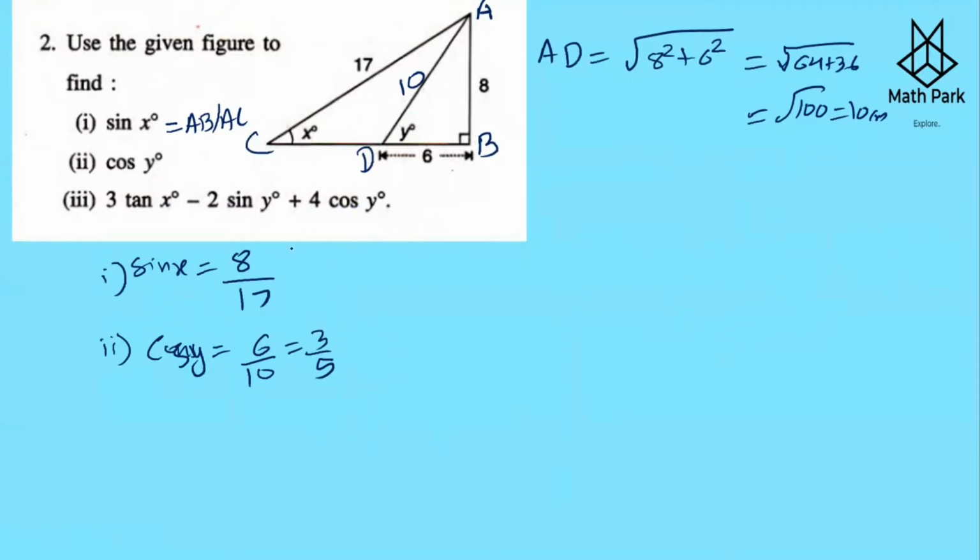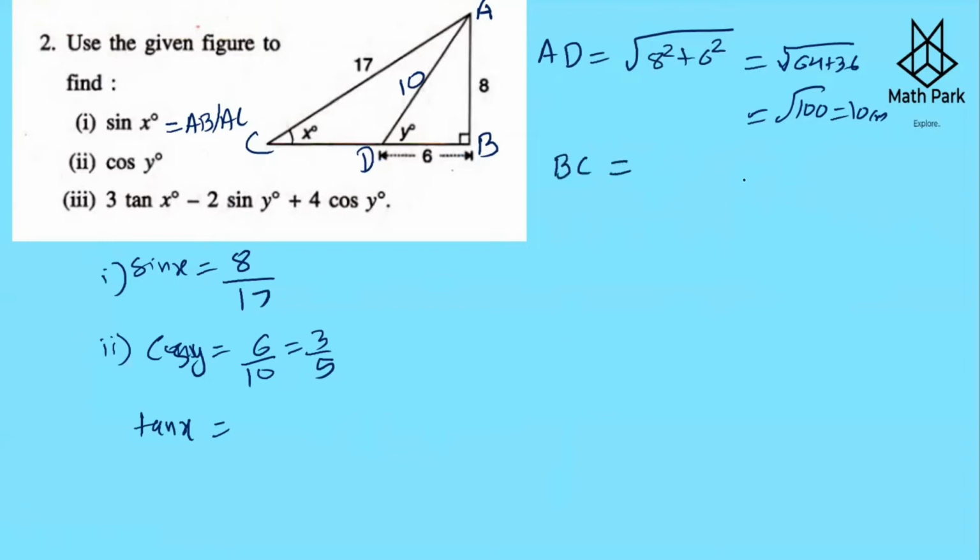For that, let us find the value of tan x first. Tan x is equal to opposite by adjacent, so we need to find the value of BC. Let us find BC by using Pythagoras theorem.